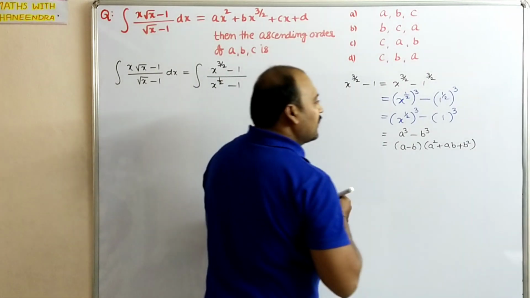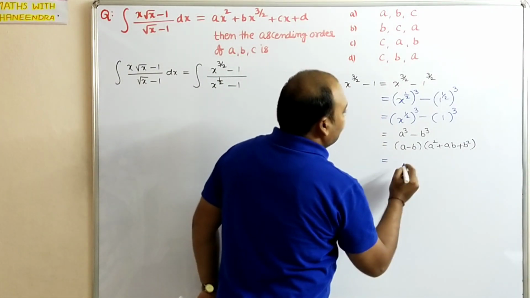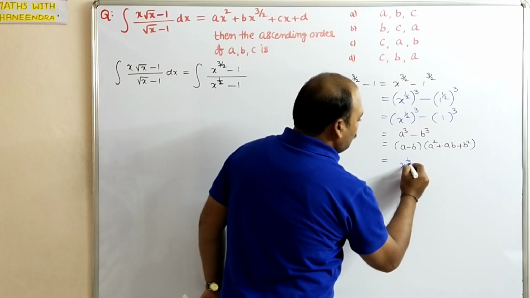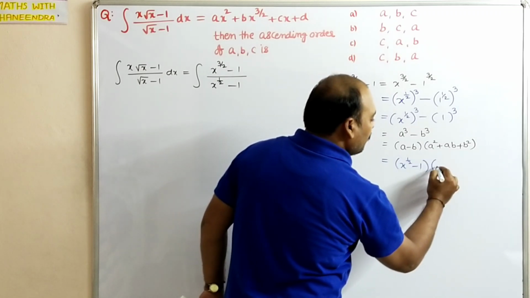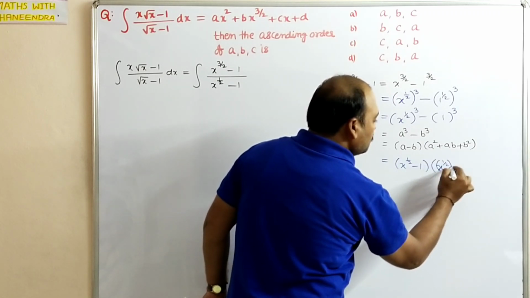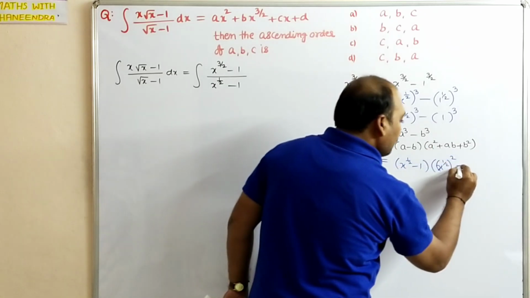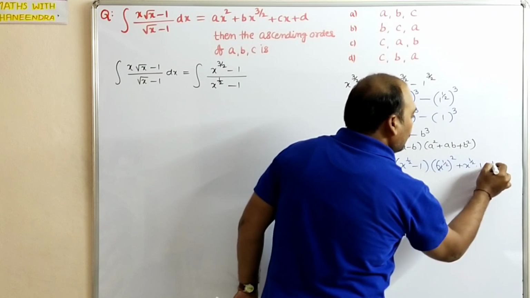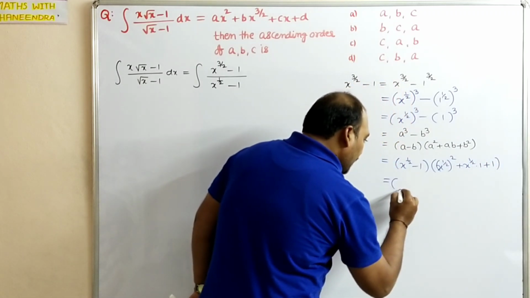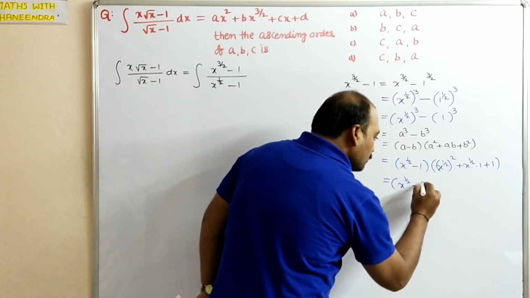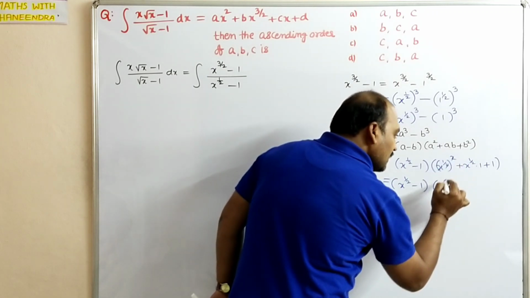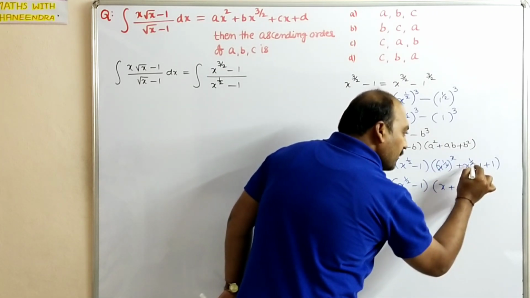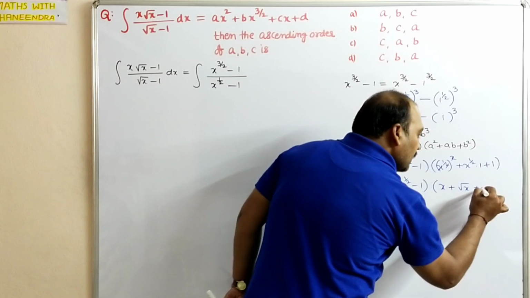So we can write it as x power 1 by 2 minus 1 into x power 1 by 2 whole square, a square, plus ab, so x power 1 by 2 into 1, plus b square, 1 square. So x power 1 by 2 minus 1 into x plus root x plus 1.